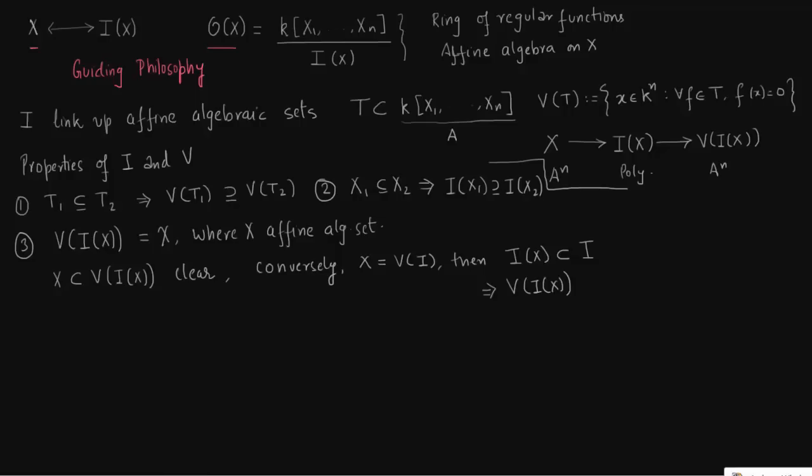As you know, V is inclusion reversing, as we saw in 1. So we get this inclusion reversal, where V of I is X. So we have now proved both the inclusions, and therefore we have the equality.